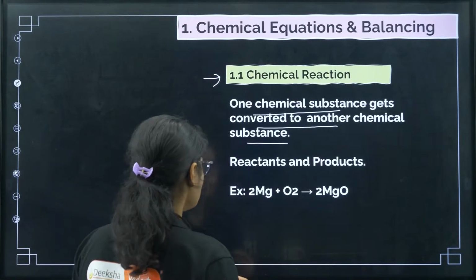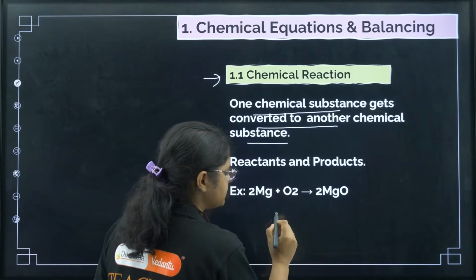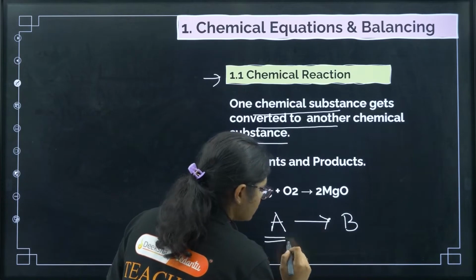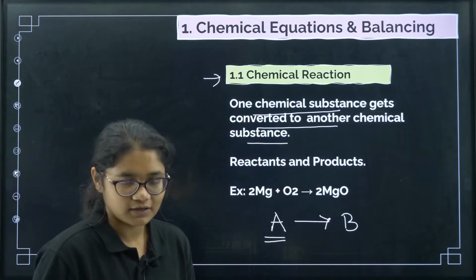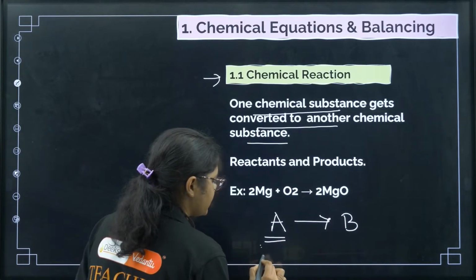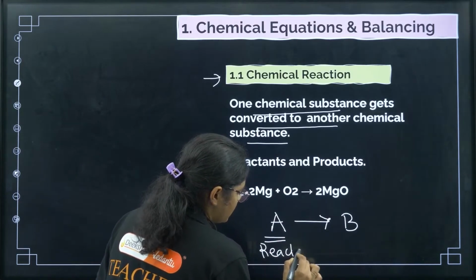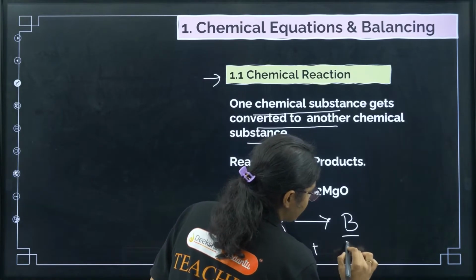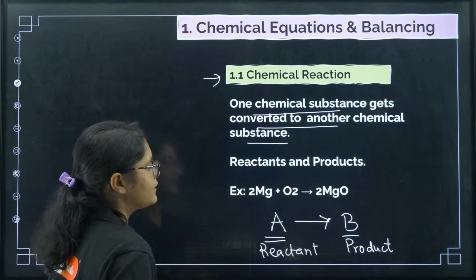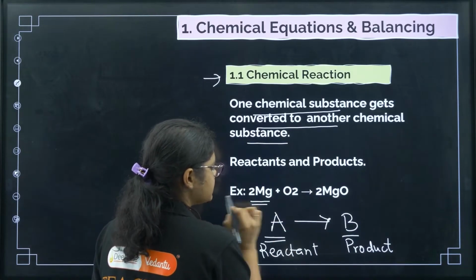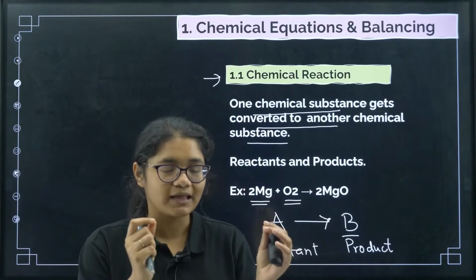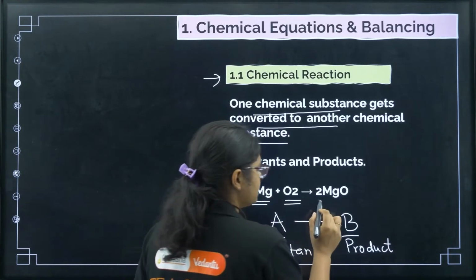Now, how is a chemical reaction written? A gives you B. A undergoes certain chemical processes and gets converted into B. So what is A called? A is called the reactant and B is called the product. You can see one example here. Magnesium was there, oxygen was there. Both of them combine and undergo a chemical reaction to form magnesium oxide.